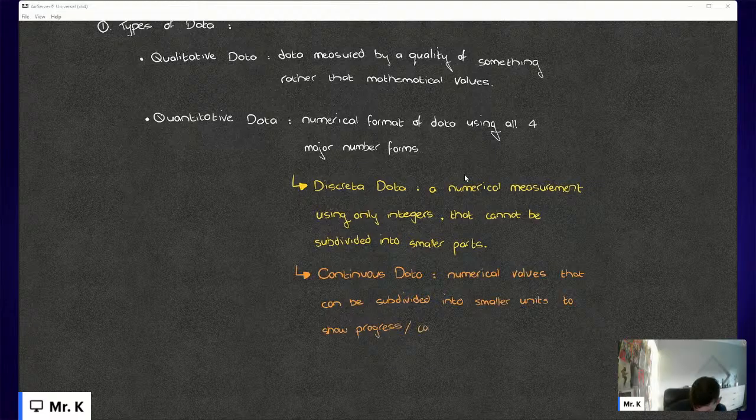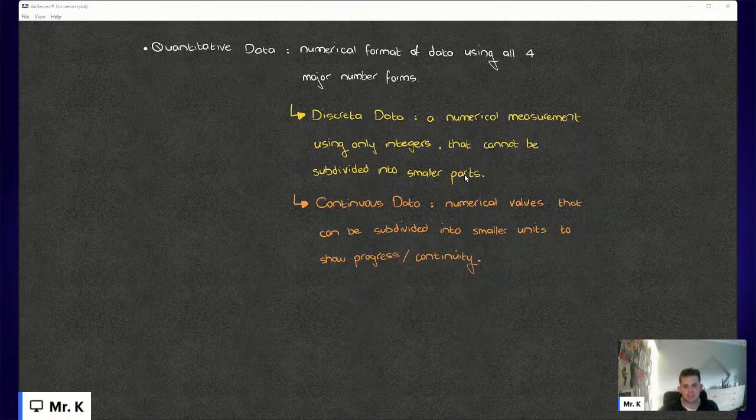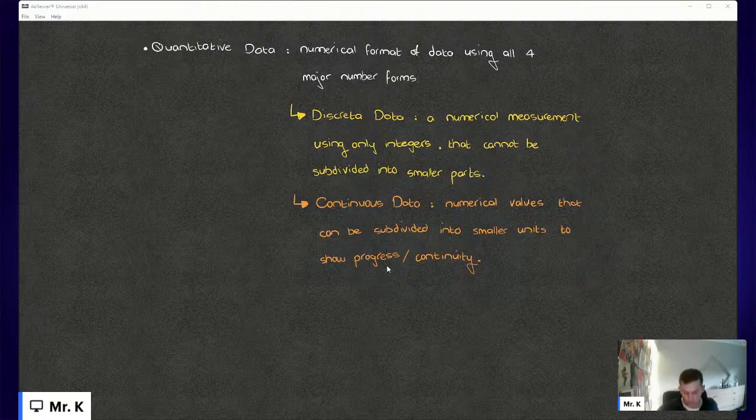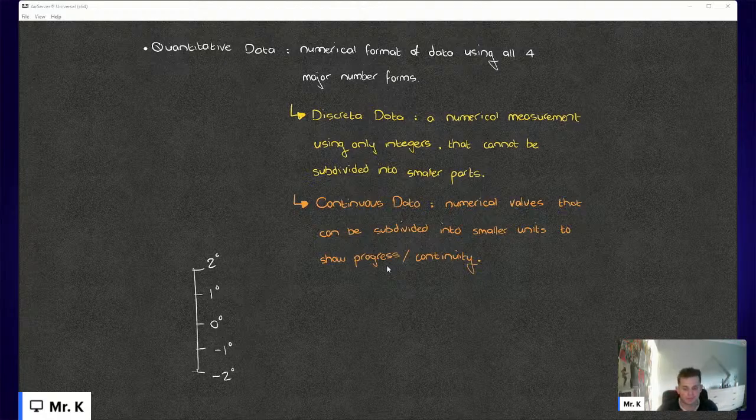So what is an example of continuous data then? What is continuous data in this case, guys? Well, let's take a quick example over here, and let's talk about the temperature outside. 0 degrees, 1 degrees, 2 degrees, but it can also go down to -1 and -2.